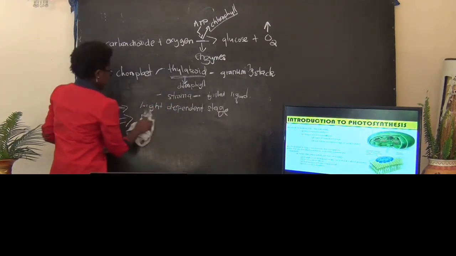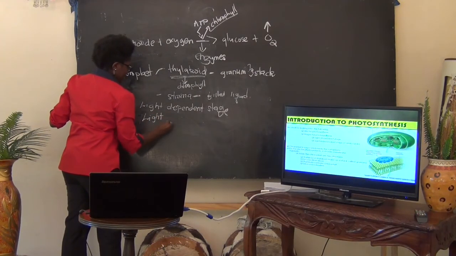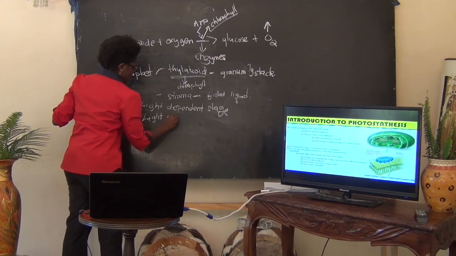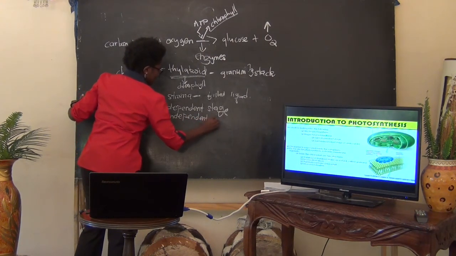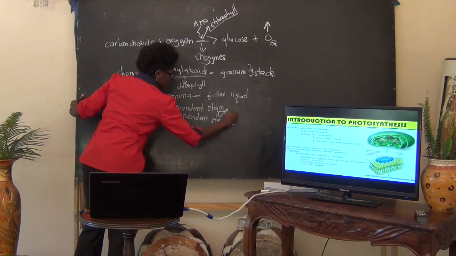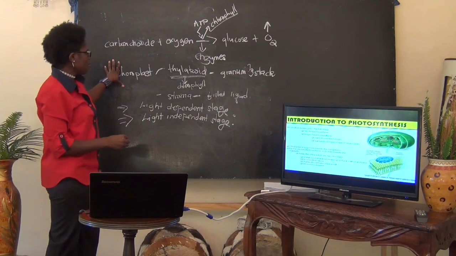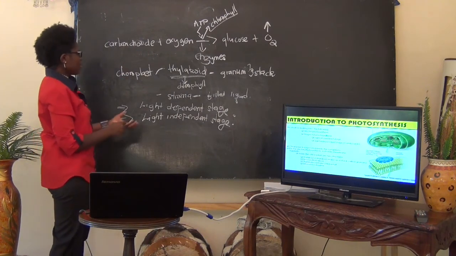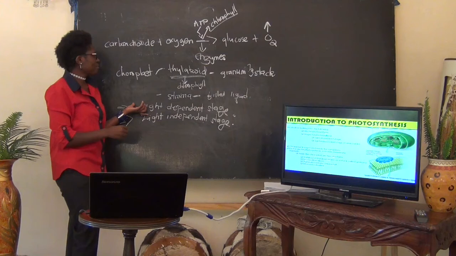The right statement there rather is light-independent stage. It doesn't really require light. From the scenarios that we are having on the board, something should ring a bell. Like we say that the structure of a cell determines its function.